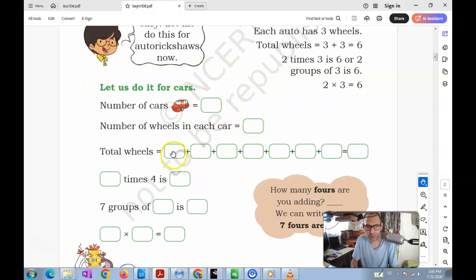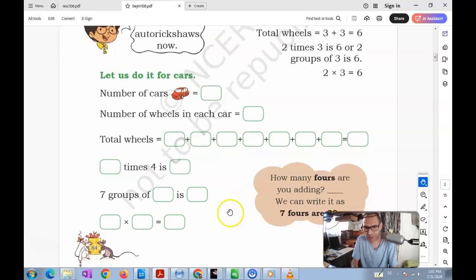So we have 4 plus 4 plus 4 plus 4 plus 4 plus 4 plus 4, 7 times, which is equal to 28, which means 7 times 4 is 28, or you could say 7 groups of 4 is 28, or 7 × 4 is equal to 28, right?